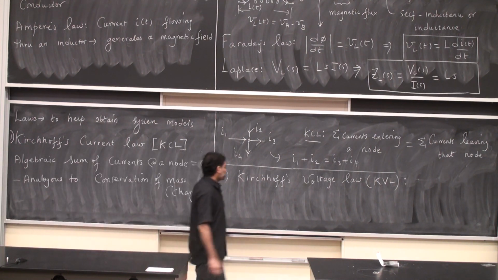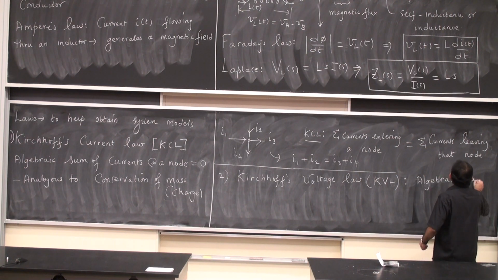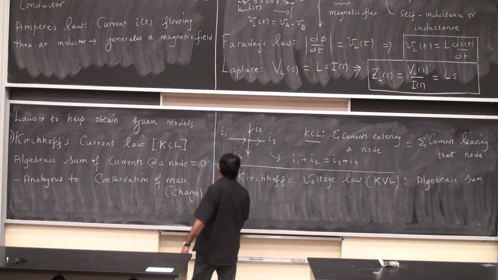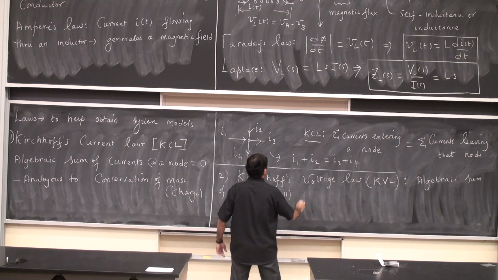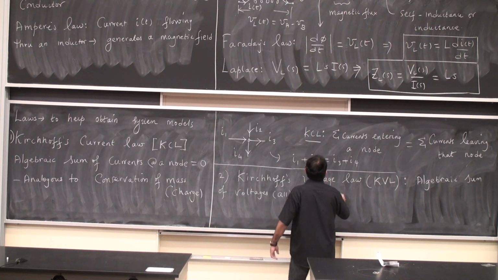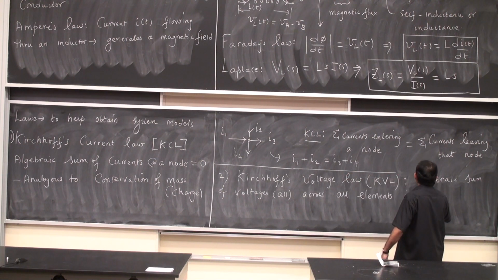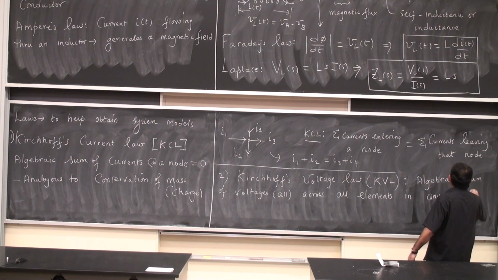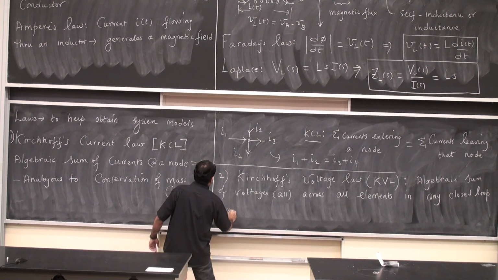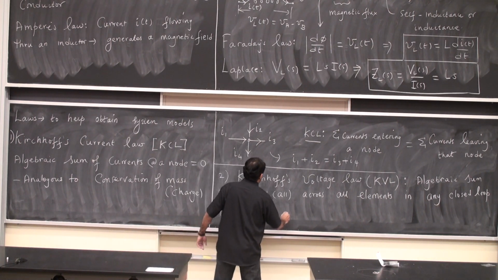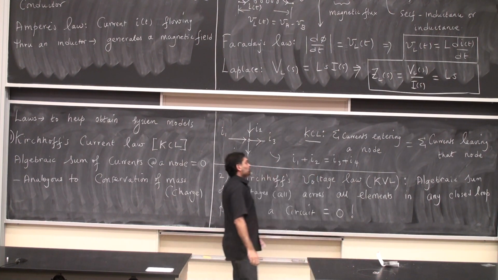Okay? So the algebraic sum of all voltages across all elements in any closed loop path of a circuit is 0.